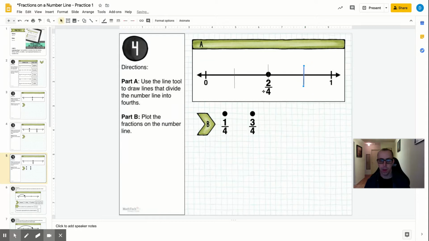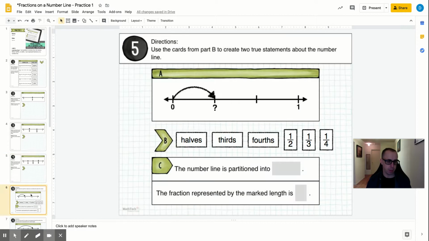Okay, and there we have about our 1/4 and our 3/4. Again, try to make the spacing equal. If one's a little bit bigger than this one maybe, but as long as it's in the right area, close, in the right ballpark, it will be marked correct.